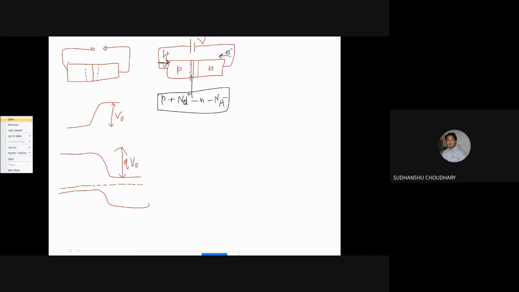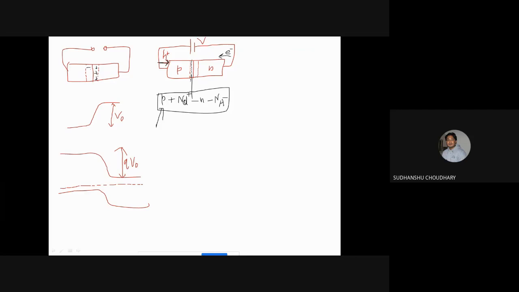Now since holes are entering from here, that means this term is increasing in the device. Now to counterbalance the increase in holes, because this has to be constant, since this is increasing, the charges towards the P side should be reduced. No, not positive charges. Positive charges we have over here.